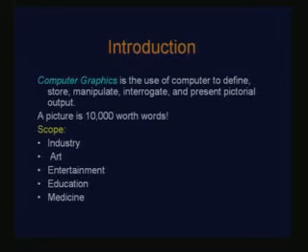But just let us say if we want to see it as a definition, then it could be basically a way to use computers to define, to store, to manipulate, to interrogate and present, that is display, pictorial output. Okay. So these are some of the essential functionalities we have, which we address in computer graphics.